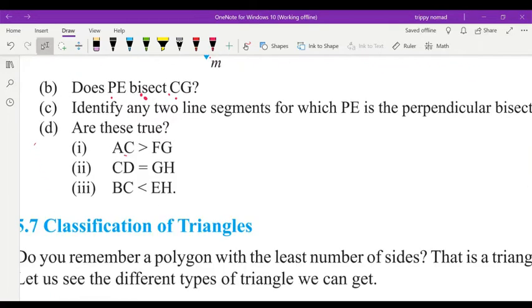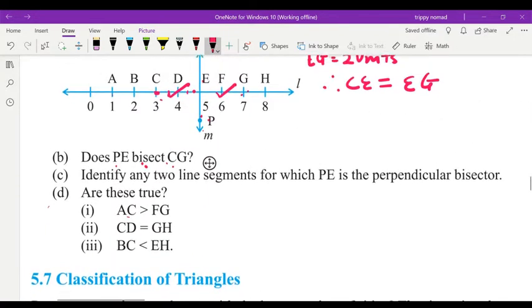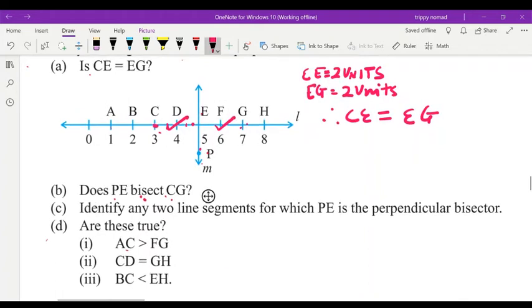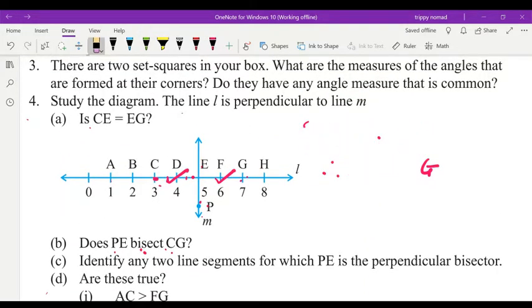Identify any two line segments for which PE is the perpendicular bisector. Children, any two you can write. This one is PE.